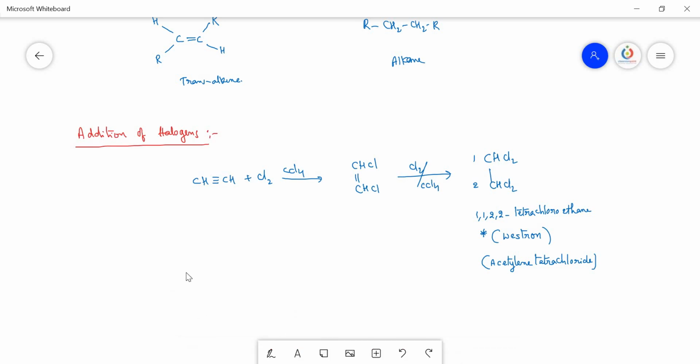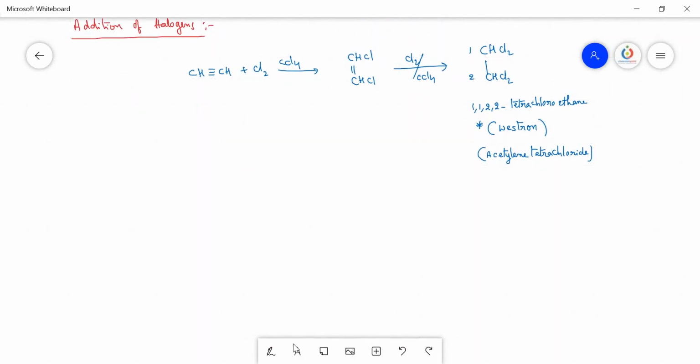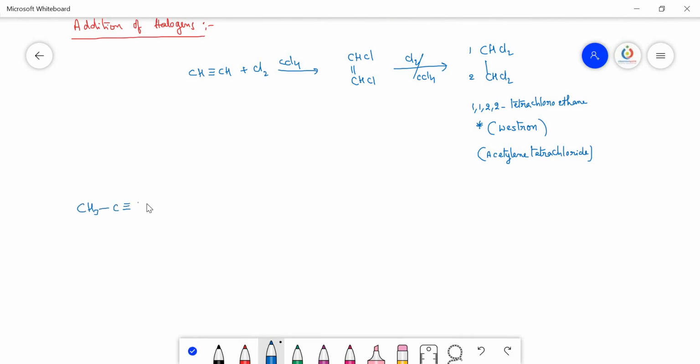Now let us see the same type of reaction with propyne. We just take CH3, C triple bond CH, plus Br2 in CCl4.